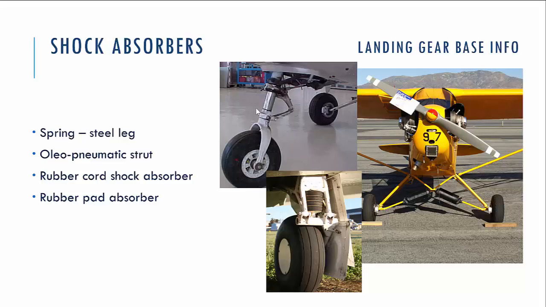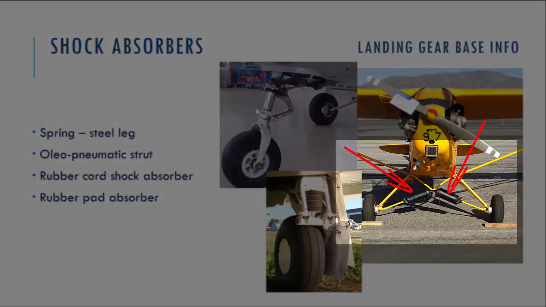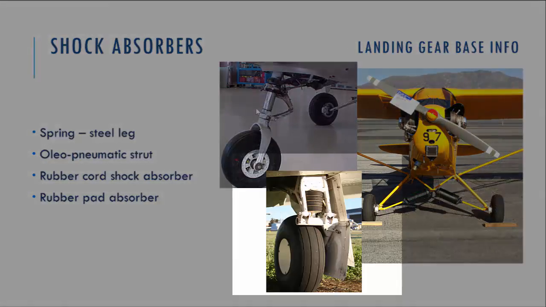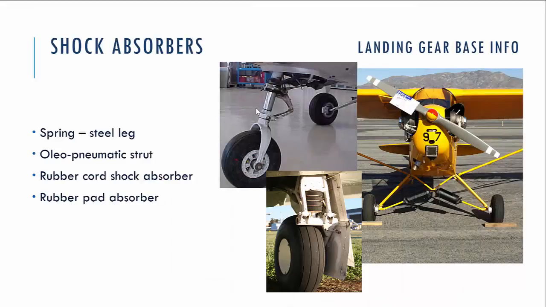You could also find the rubber cord shock absorber. I think you could find this on old airplanes. It's just a rubber cord, literally folded together, which stretches under the loads. And also you could find the rubber pad absorber. Never seen them, but I think the way of action is clear. There are some discs made of rubber, and they are compressed under the loads. It's clear, I think.